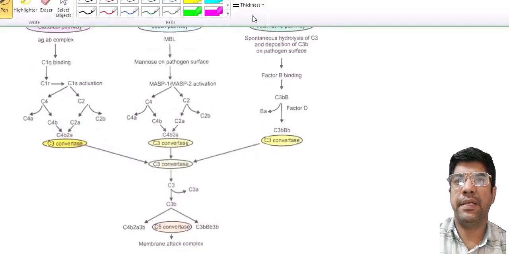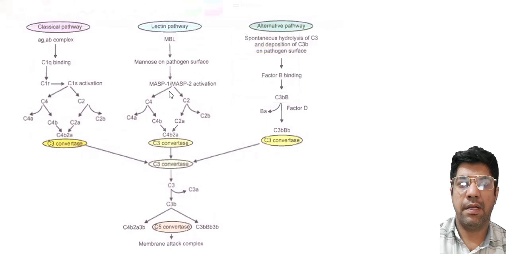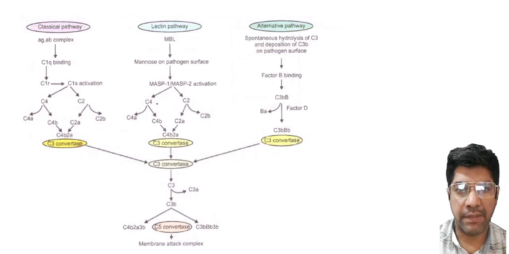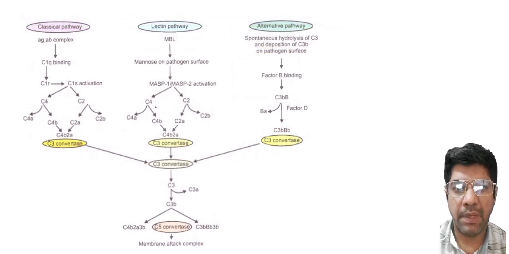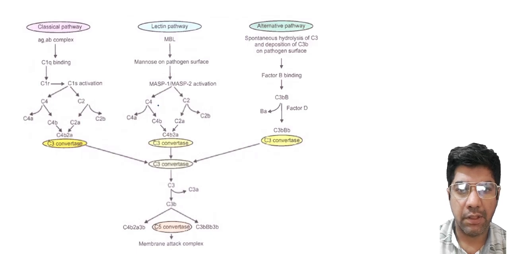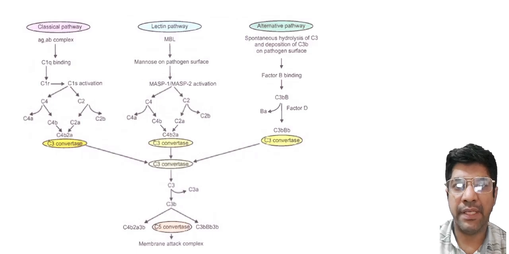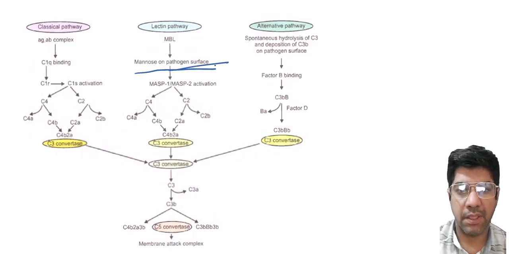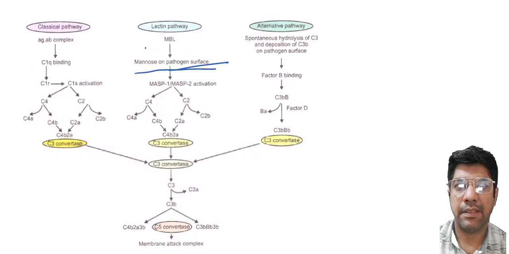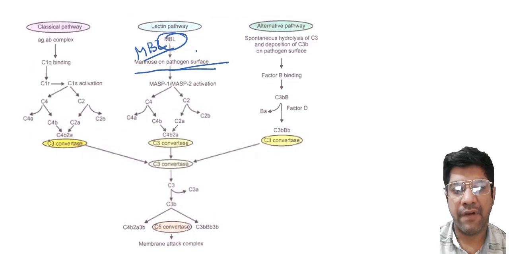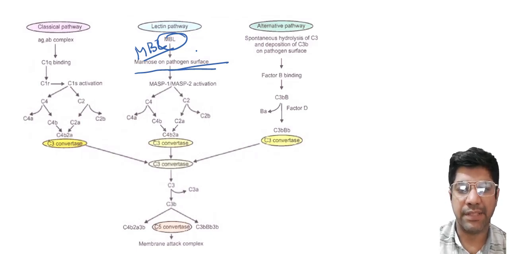The third pathway is the lectin pathway, in which the complement system can be activated. The primary lectin involved is the mannose binding lectin, present on the surfaces of microorganisms like strains of Salmonella, Neisseria, Listeria, and fungi like Cryptococcus and Candida albicans.